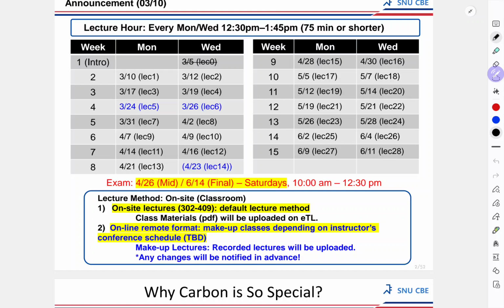Okay, seems like this is the fixed schedule for midterm and final.